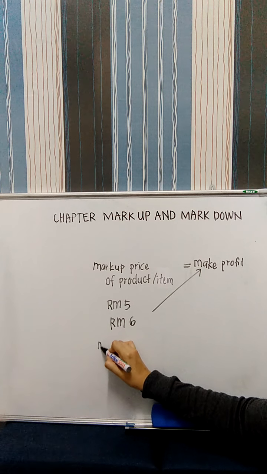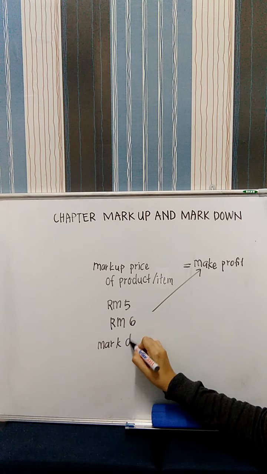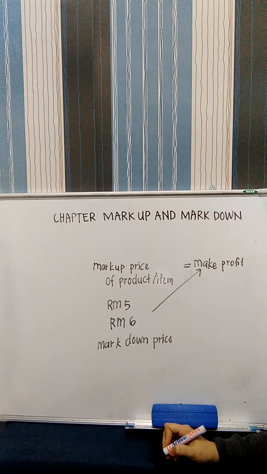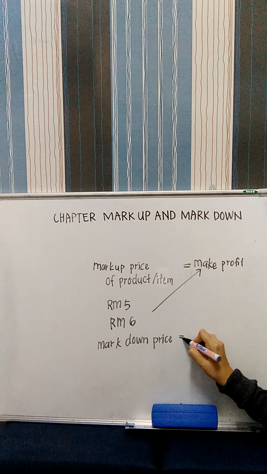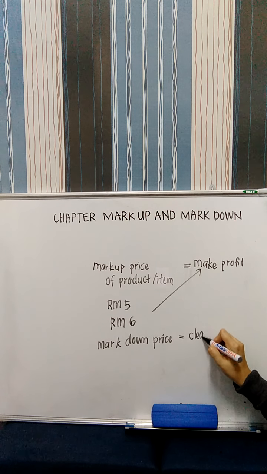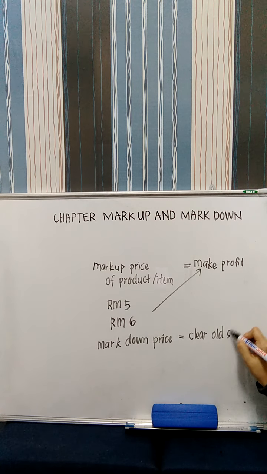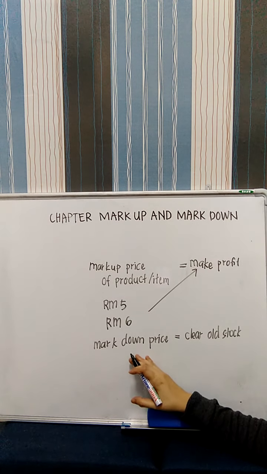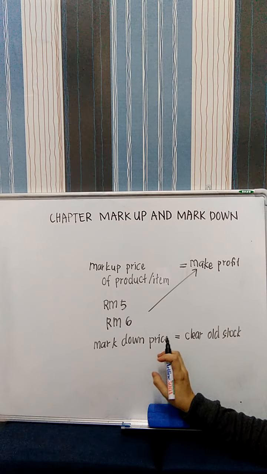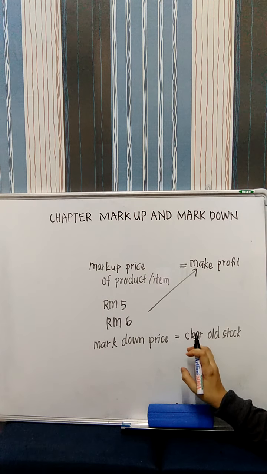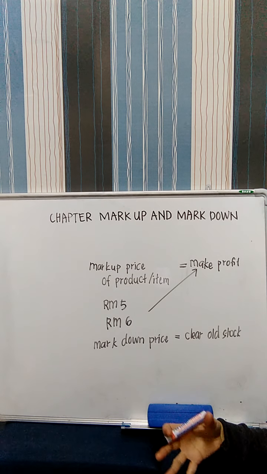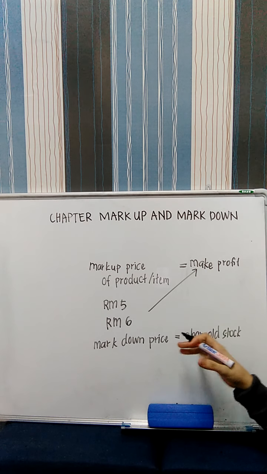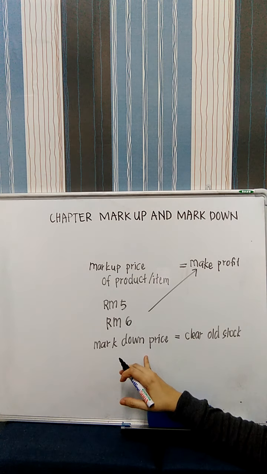Okay, and why mark down? Mark down the price of a product, of an item, because to clear all stock. Maybe the retailer needs a new stock, but the old stock is still many in the shop, so they need to clear the old stock by marking down the price.